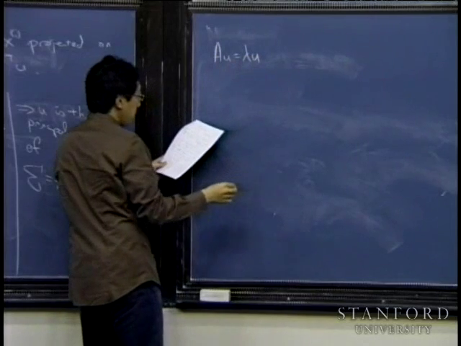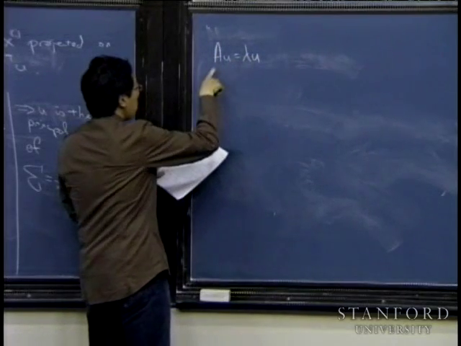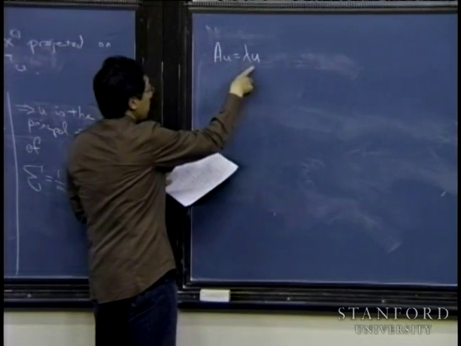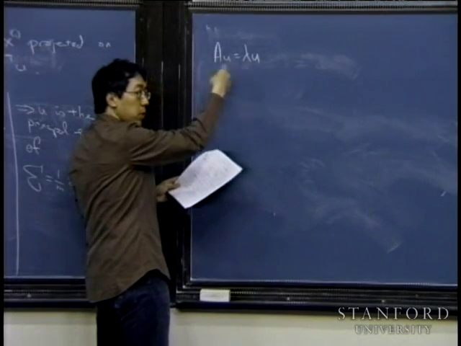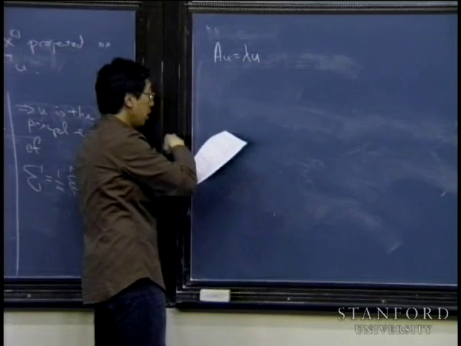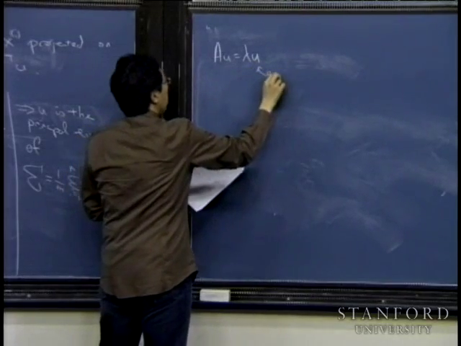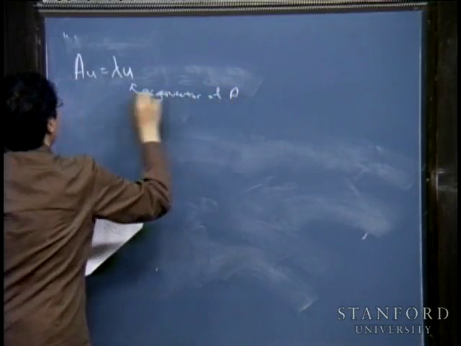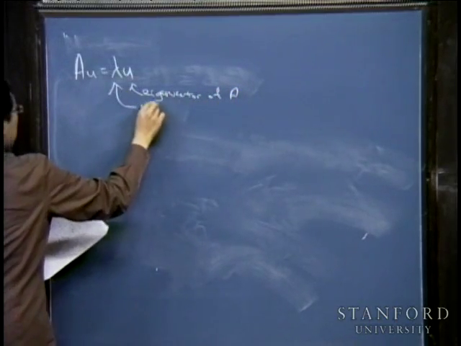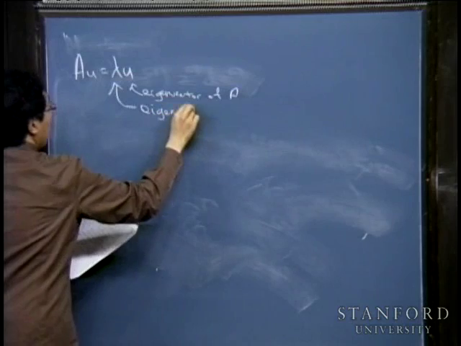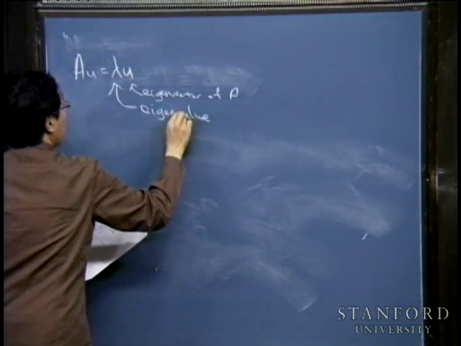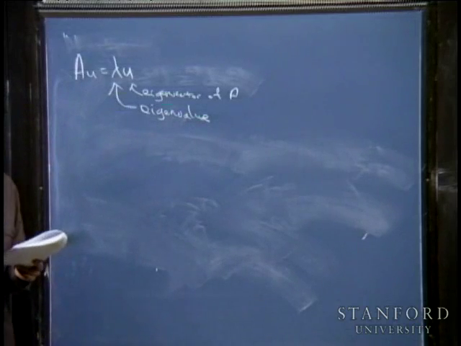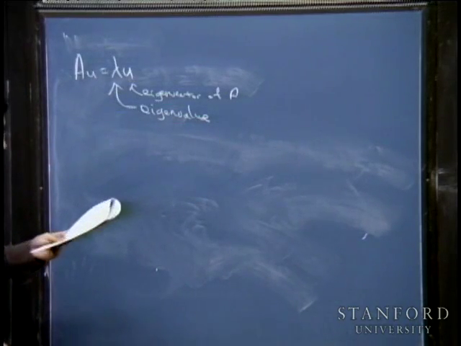If you have a matrix A and you have a vector U, and they satisfy AU equals lambda U, then this is what it means for U to be an eigenvector of the matrix A. And the value lambda here is called an eigenvalue. And so the principal eigenvector is just the eigenvector that corresponds to the largest eigenvalue.